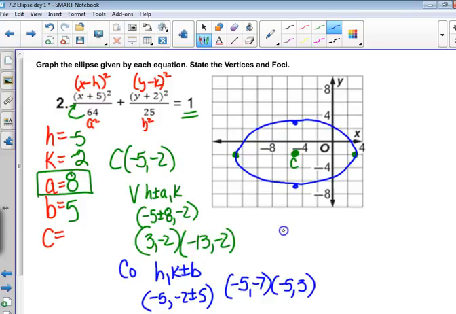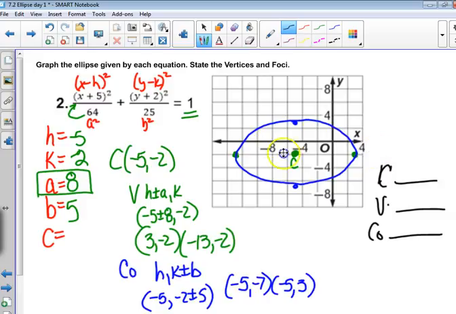Draw your football or your egg or your eyeball. Okay. All we're missing is what? We got to find C in the foci. Yes, it'll just say list the center, list the vertices, list the co-vertices.